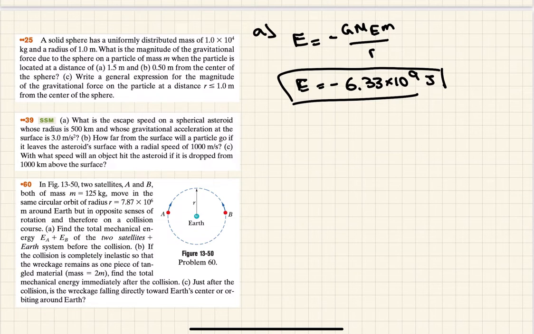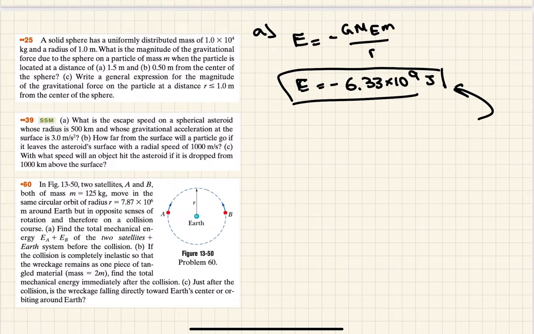Part B says, if the collision is completely inelastic, so that the wreckage remains in one piece. Now, you didn't do momentum, so you're probably not going to know what completely inelastic means. But what it basically means is that momentum is conserved and energy is conserved. So what we know is we just need to solve for the total mechanical energy immediately after the collision. Technically, since we know it's completely inelastic, it's going to be the same exact as this because energy is conserved in a completely inelastic collision.